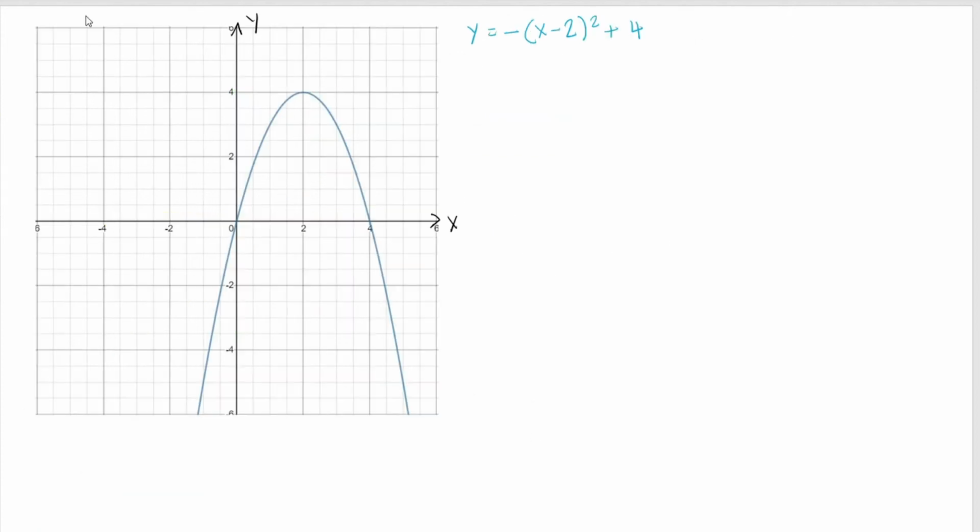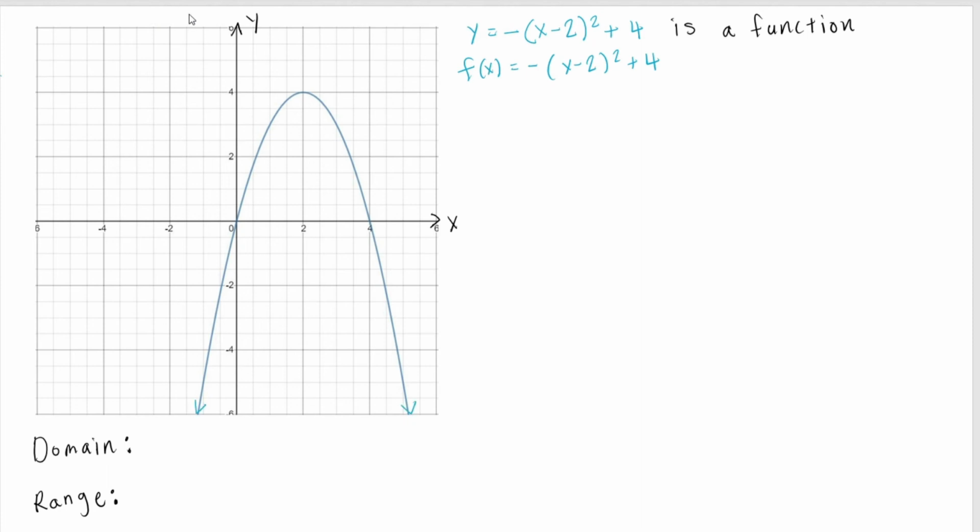We have y is equal to negative x minus 2 squared plus 4. This is a function by the vertical line test. Let's find the domain and range of this function.